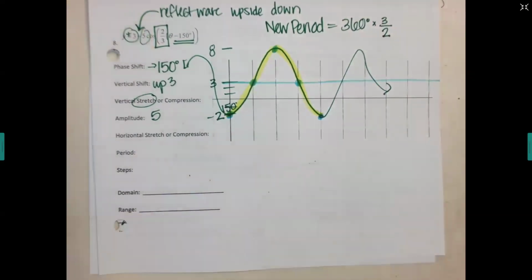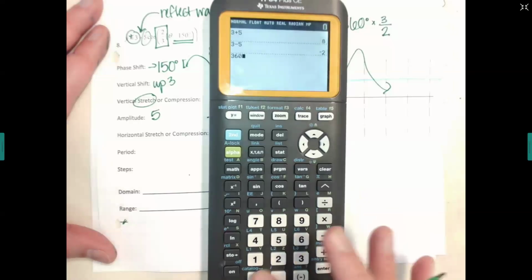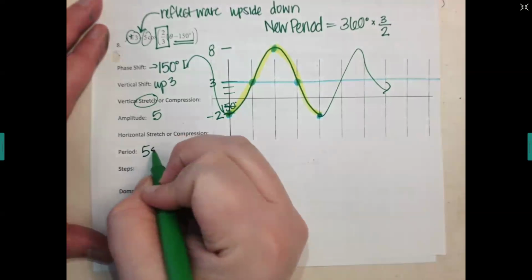Because remember, whatever number's in this position, you want it to have the reverse effect. So 2/3 means times 2 divided by 3. Then I want it times by 3 divided by 2. So put that in your calculator. What is my new period? Very good. Times 3/2 is 540 degrees.